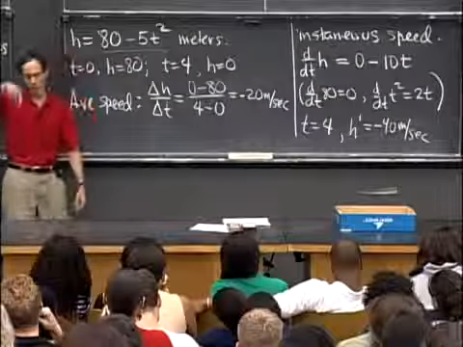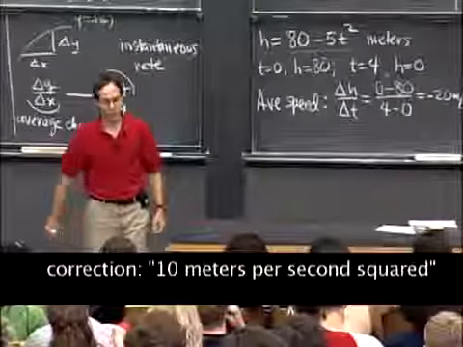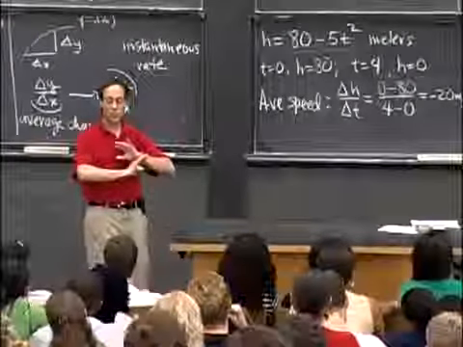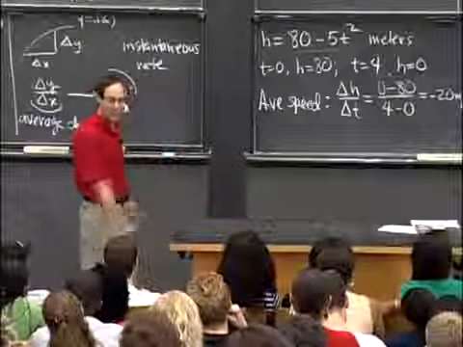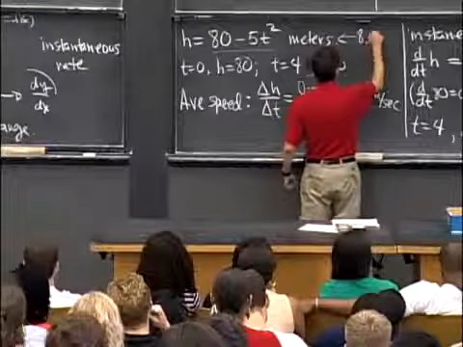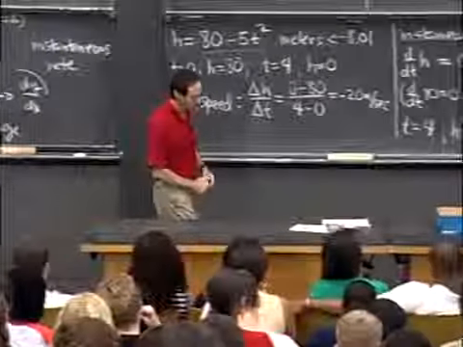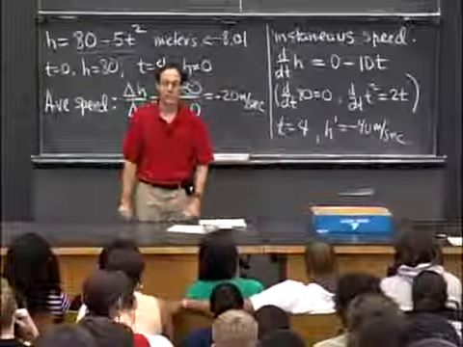And this is the acceleration due to gravity, 10 meters per second squared, which happens to be the second derivative of this. But anyway, I just pulled it out of a hat from your physics class. So you can just say 8.01. All right. Other questions?